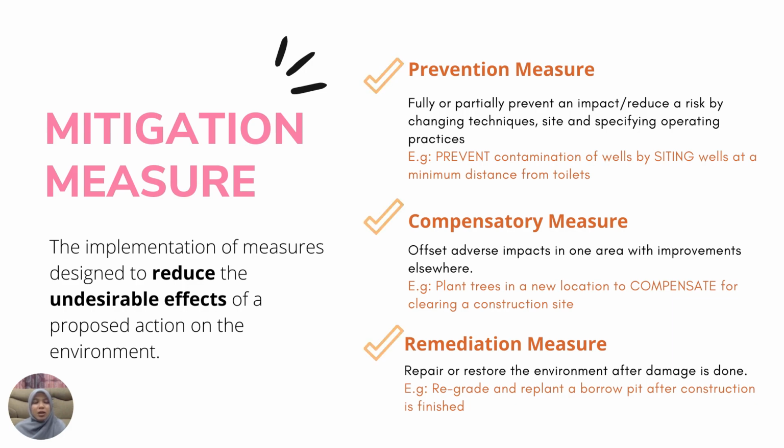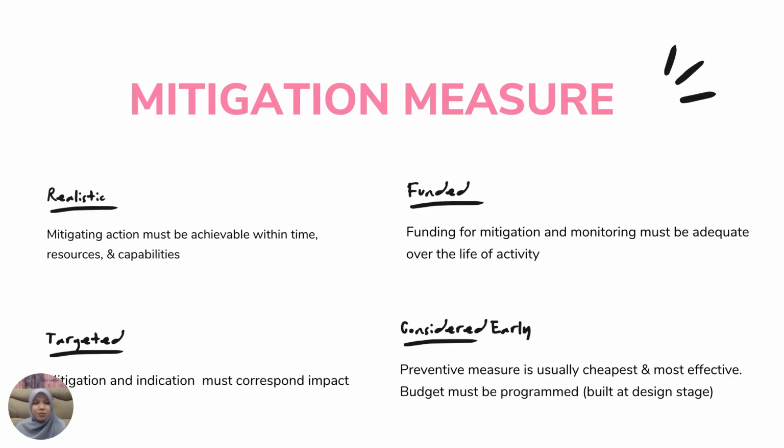For example, prevention is to prevent contamination of wells by siting wells at a minimum distance from toilets. An example for compensatory is to plant trees in a new location to compensate for clearing at a construction site, and remediation is to regrade and replant a borrow pit after construction is finished.